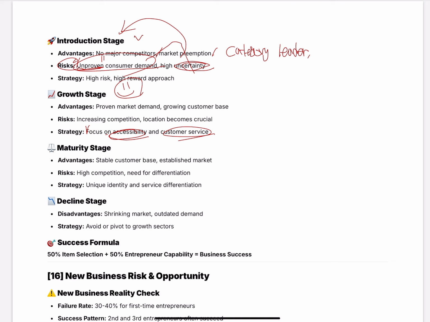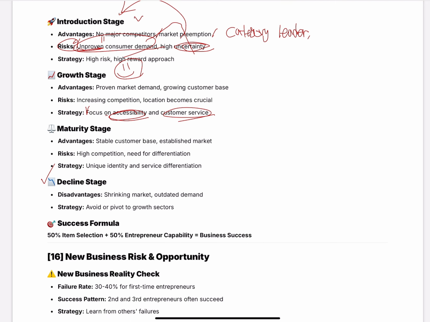The last stage is the decline stage. There are just disadvantages, sadly. This stage represents shrinking markets and outdated demand patterns. Generally, you want to avoid entering declining industries, or if you are already in one, you should pivot to a growth sector. Pivoting is the most important strategy for this stage.